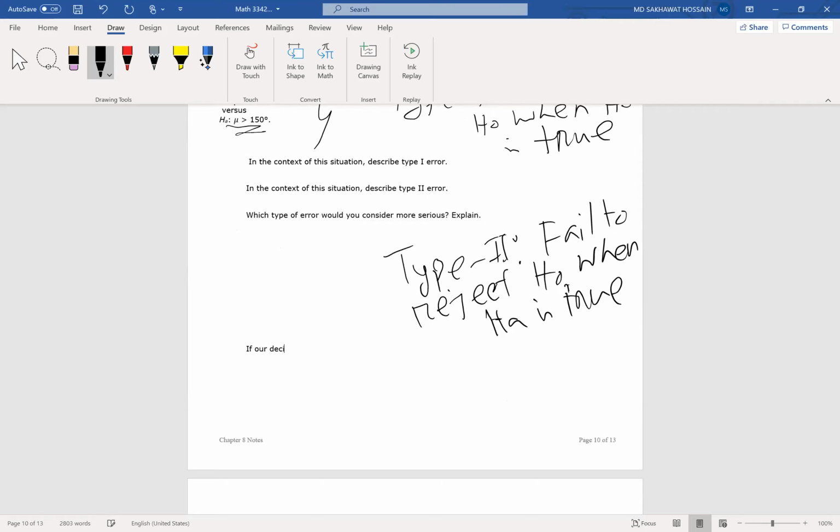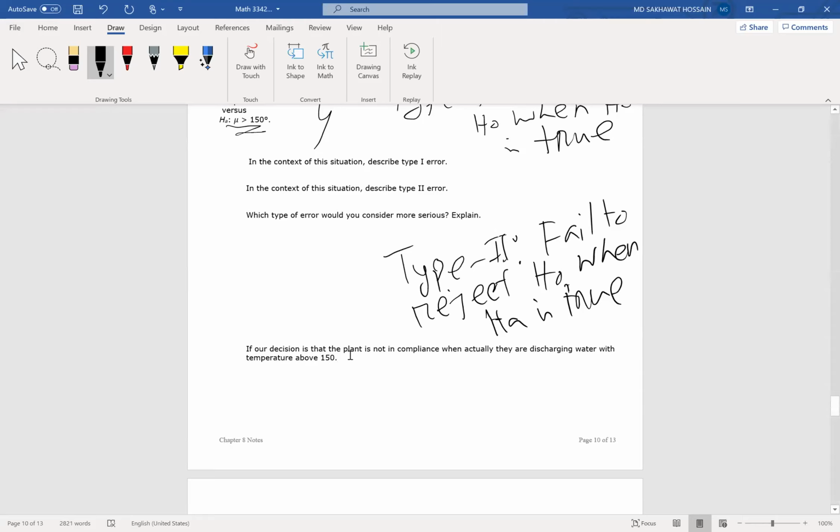If our decision is that the plant is not in compliance, that means they are discharging water with temperature above 150 degrees, when actually they are discharging water with temperature above 150 degrees.